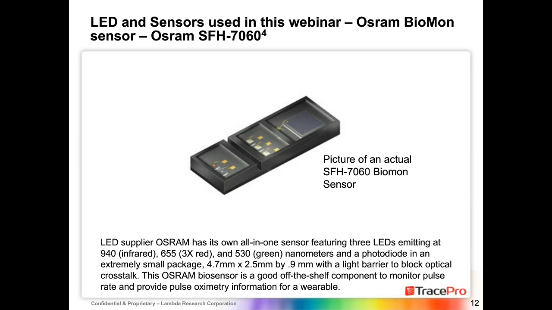You have a 940 infrared, a 655, and there's 3 of these in the middle there, and then a 530 green in terms of nanometers, and a photodiode on the other side. And this is, once again, in a very, very small package, 4.7 millimeters by 2.5 millimeters by 0.9 millimeters, with, once again, light barriers between the different sections to block optical crosstalk. So this sensor is also a good possibility if you're looking at getting something off the shelf.